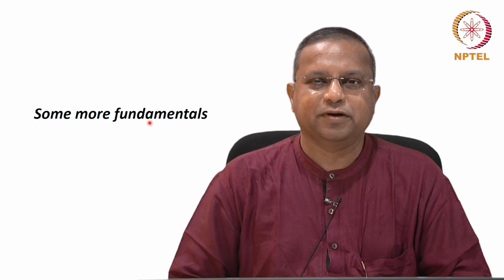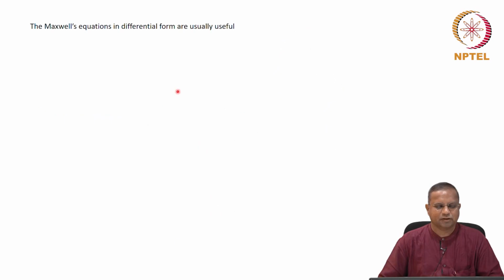We need some more fundamentals before we feel comfortable to attempt analysis, and therefore let us look at those fundamentals in this class. The Maxwell's equations we saw in the previous class were in integral form.